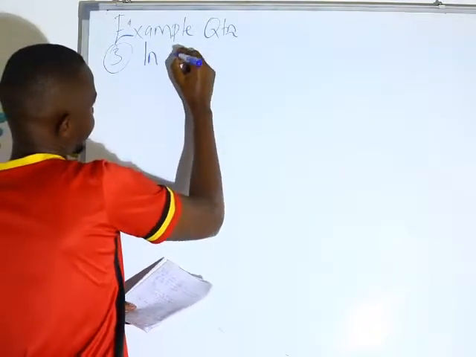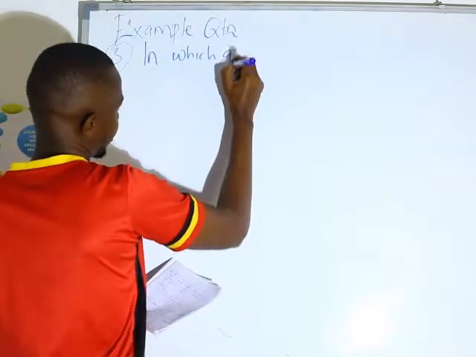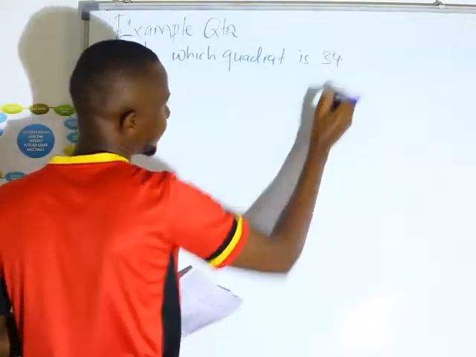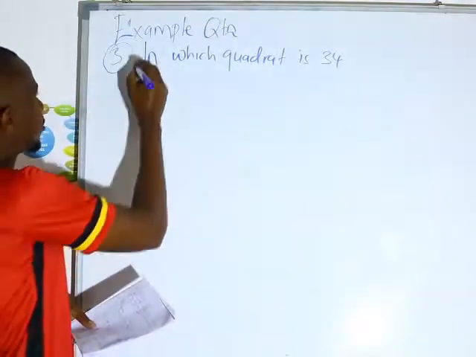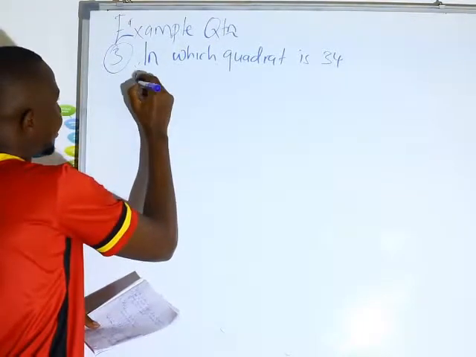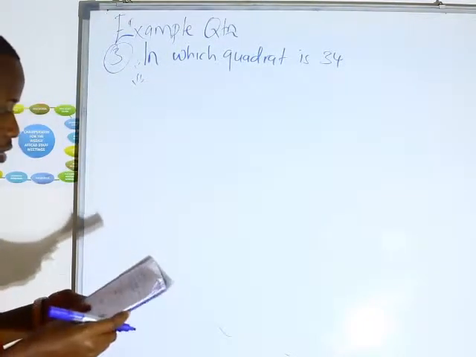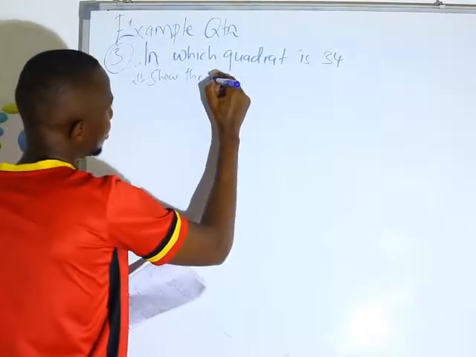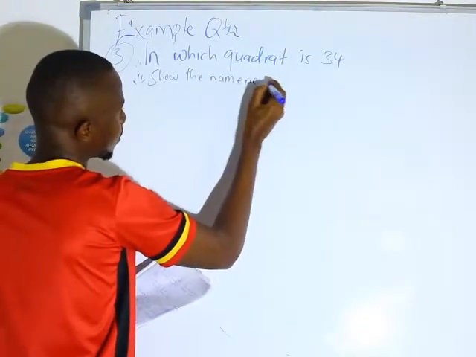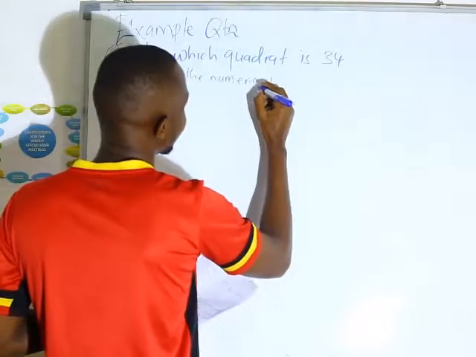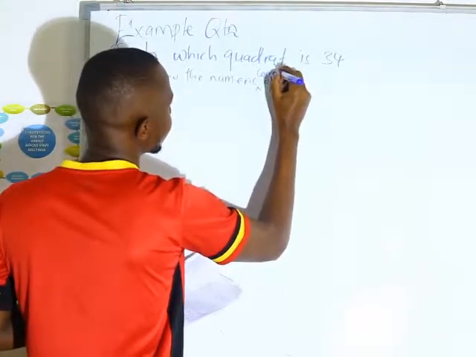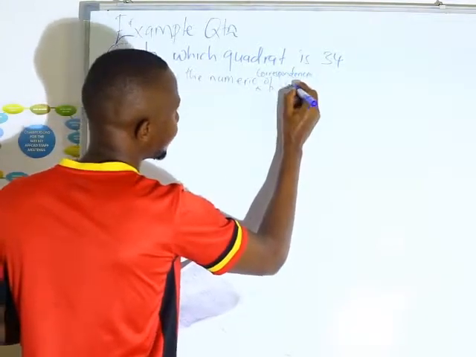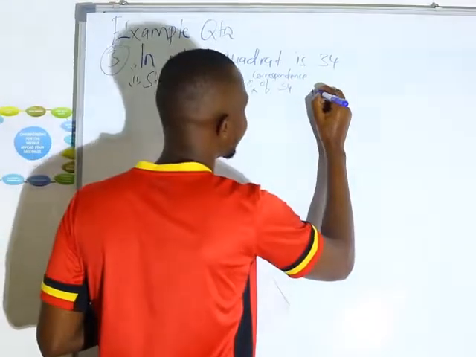In which quadrant is 34? And another sub question in the same question: show the numeric correspondence of 34 in the 11th quadrant.